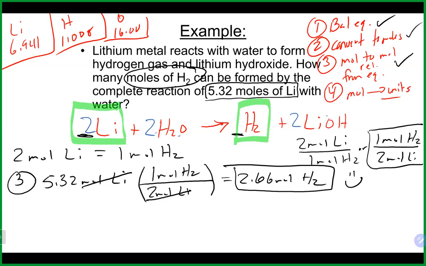You could stay on the left-hand side and just do it between the 2 reactants. If you had 2 products like in this one, you could do a calculation between the 2 products. So sometimes people think you have to go across the arrow, and you don't. You just need to do it between 2 things in the balanced equation, whether they're reactants and products, reactants and reactants, or products and products. Question on that?